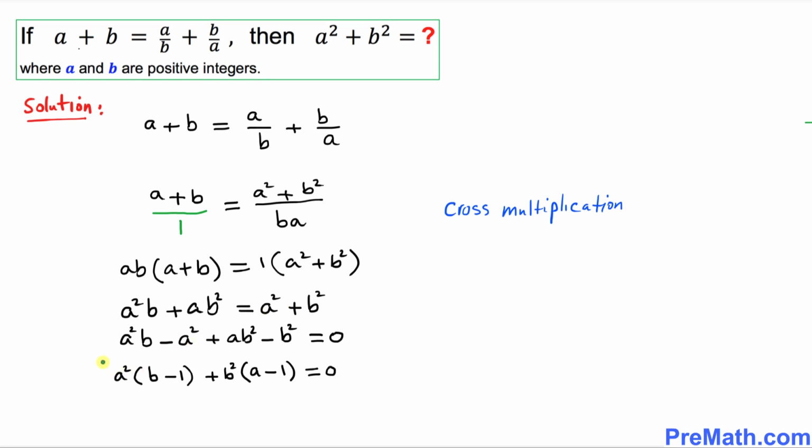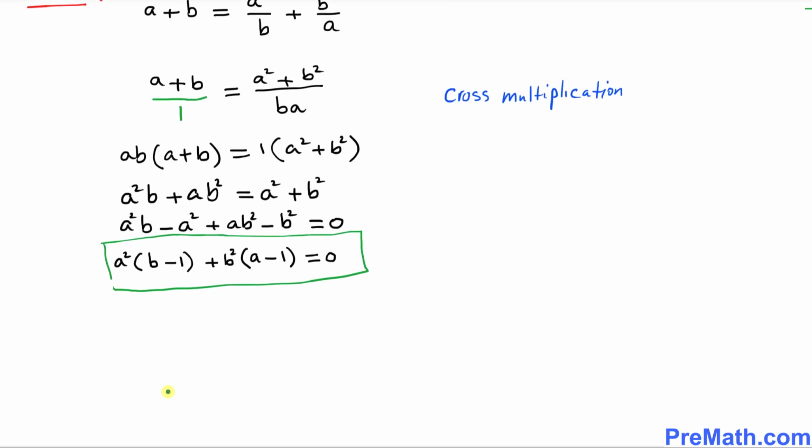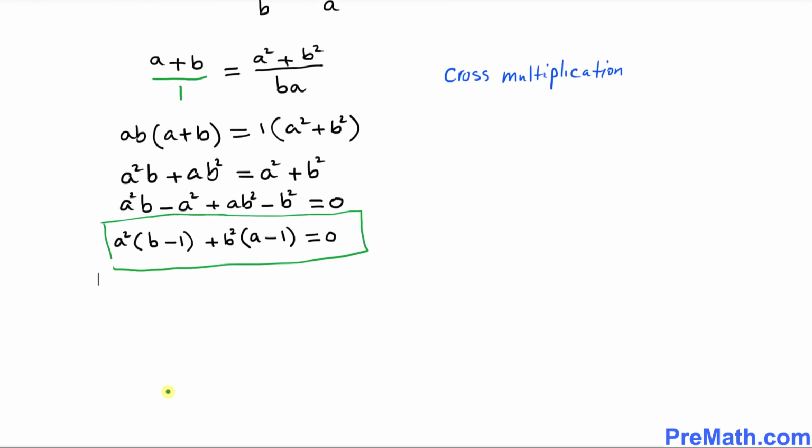And now let's focus on this equation that we finally got. All right, we're going to take care of this one. Let me move this one a little bit up.